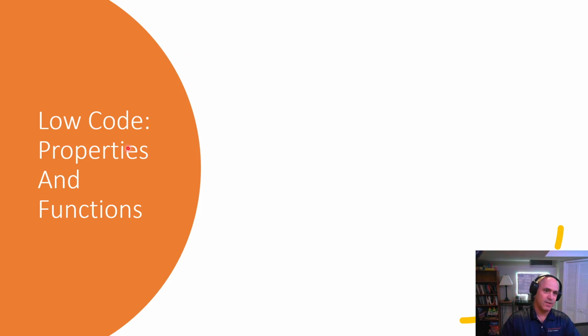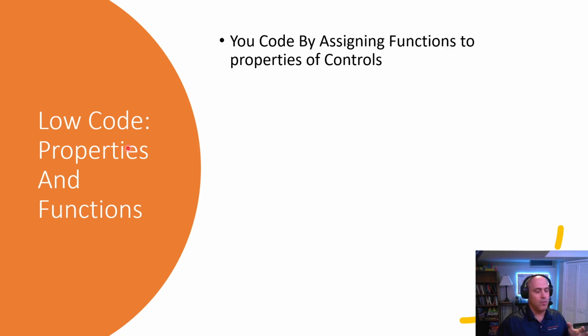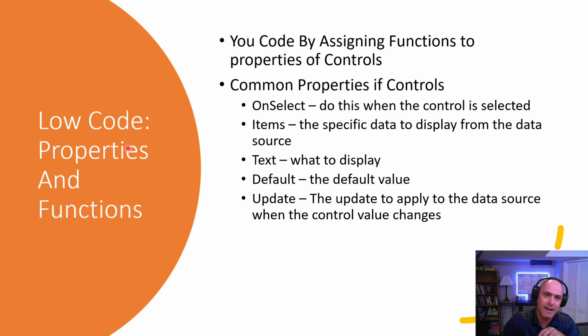So what makes this so low code / no code is basically the way it works, the way you program in PowerApps is you set properties, and these are common properties of controls. You have an onSelect property, which, like when you push a button, what happens, right? Or when maybe you tap in an area of the gallery, what should happen?